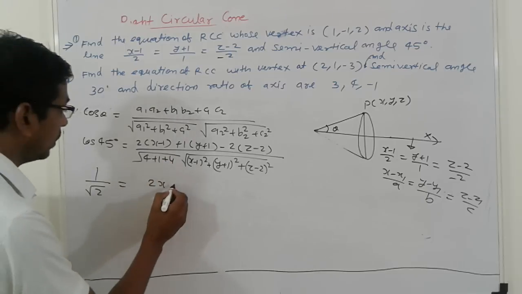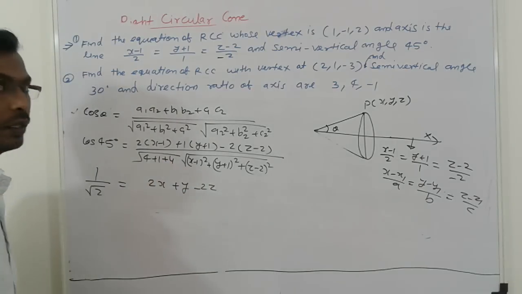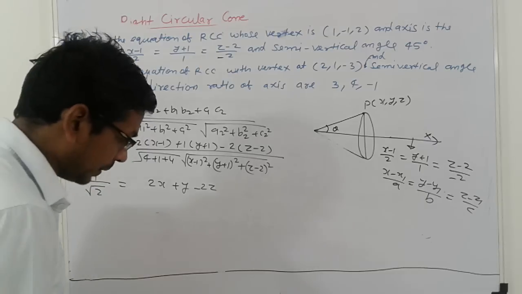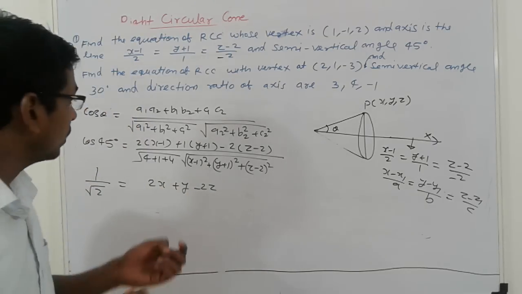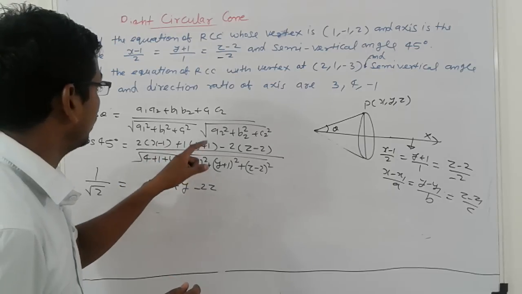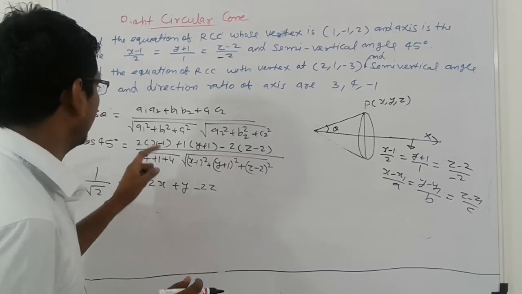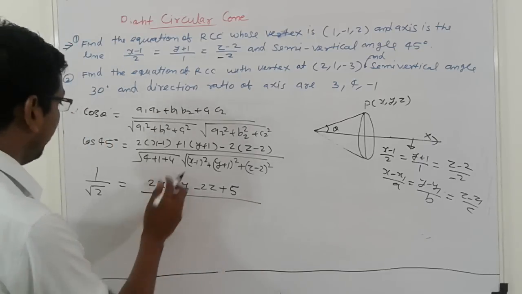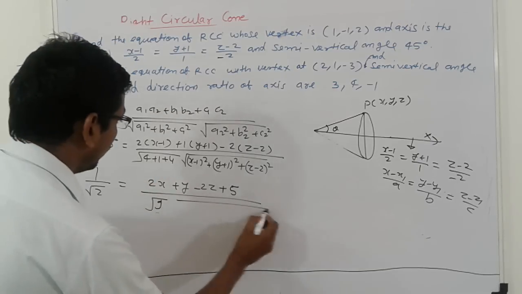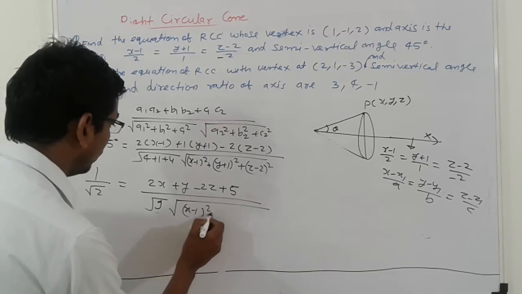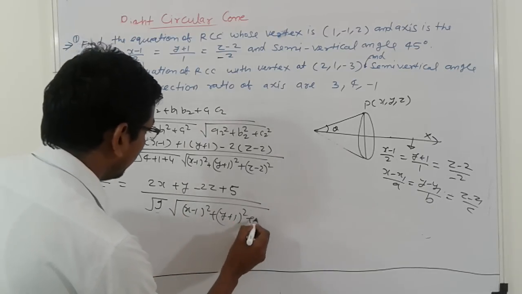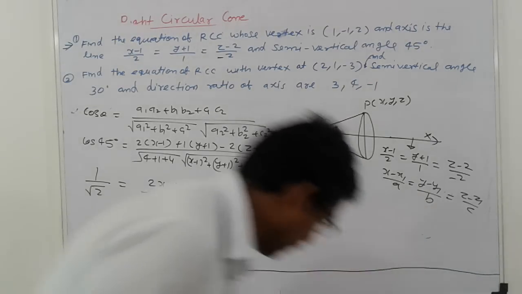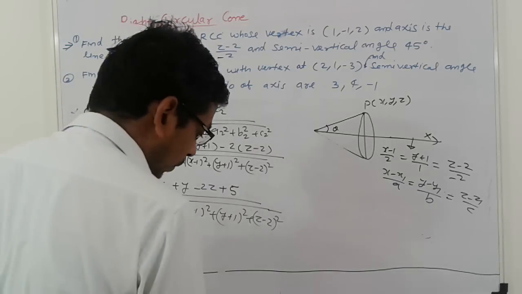In the numerator, 2x + y - 2z, simplifying: -2 + 1 + 4 + 1, so we get plus 5, divided by 9 (the square root of 9), and under root x minus 1 whole square plus y plus 1 whole square plus z minus 2 whole square. That is the representation. After that, next work.